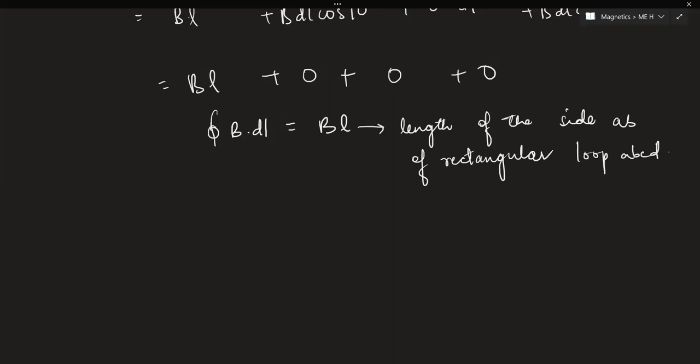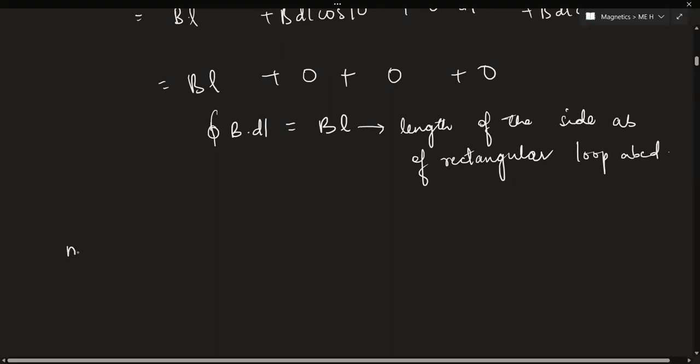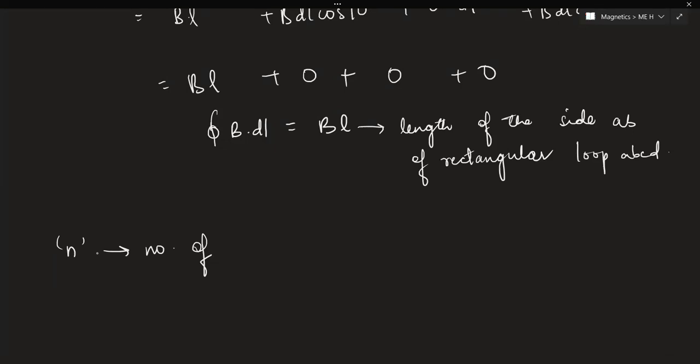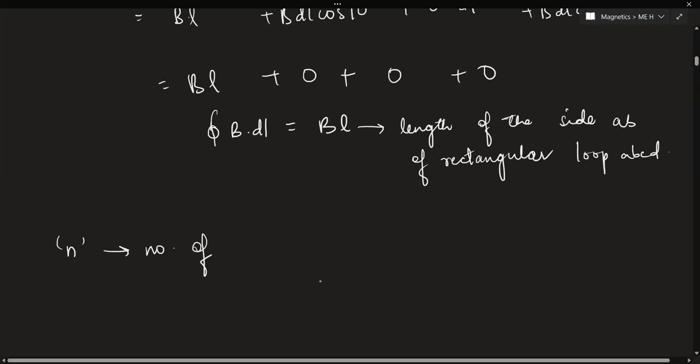Now small n is what? Let's say small n, this is the number of turns per unit length. Not just number of turns. Please class pay attention to this. Number of turns and number of turns per unit length. Because this becomes so confusing at the end, some students use small n, some students use capital N. There's a difference between both of them.